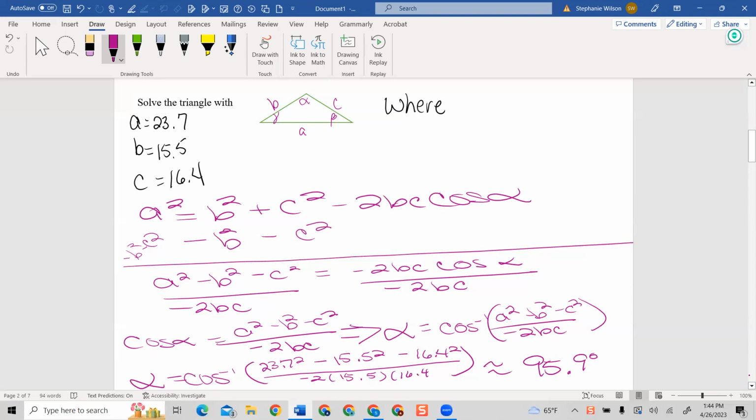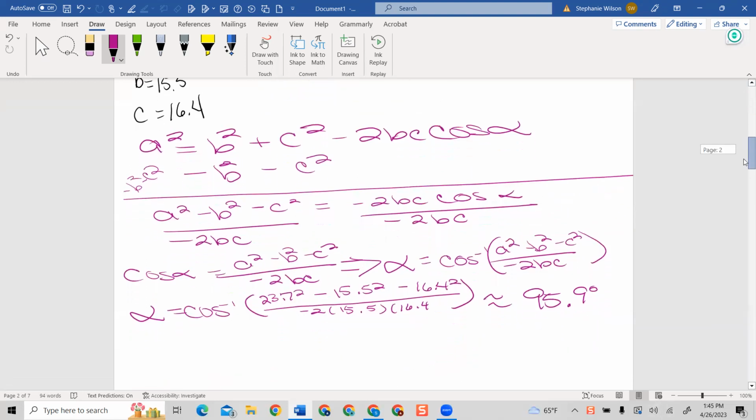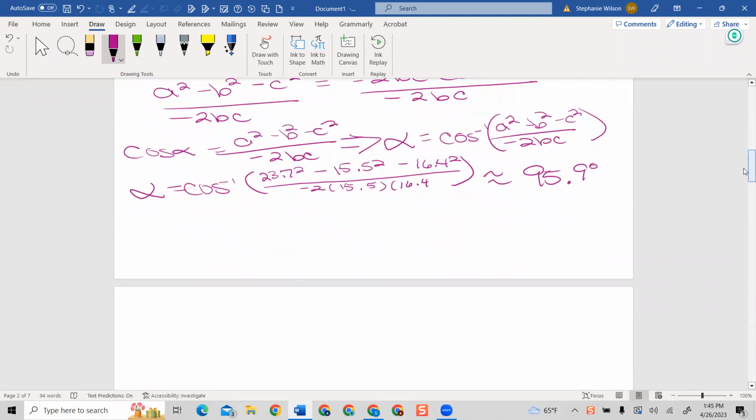now let's take the law of sines. So I'm gonna say sine of beta over B is equal to sine of alpha over A. And I'm gonna solve for that right quick.